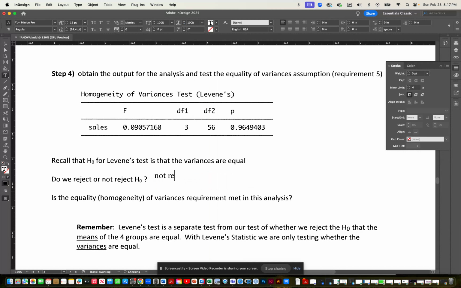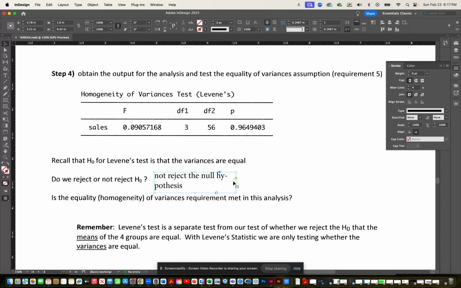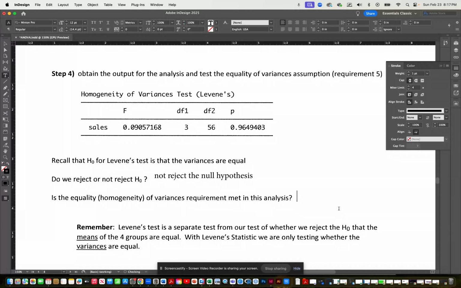So not reject the null hypothesis. And when we don't reject the null hypothesis, then yes, we have met the equality or homogeneity of variances requirement. So yes.